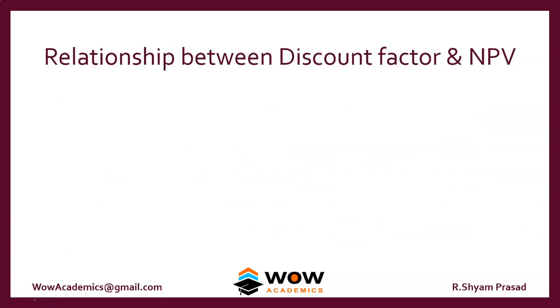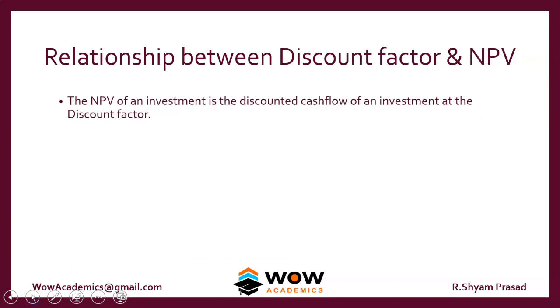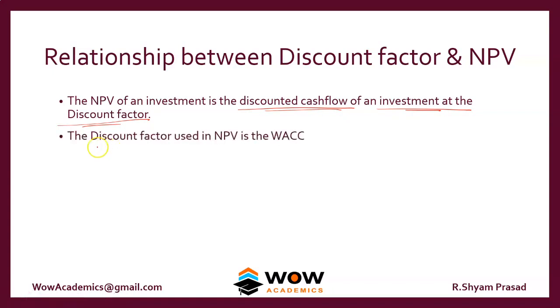So we'll see the relationship between the discount factor and the NPV. The NPV of an investment is the discounted cash flow of an investment at the discount factor. So there's a direct relationship between discount factors and the NPV. The discount factor used in NPV is the WACC, the weighted average cost of capital.